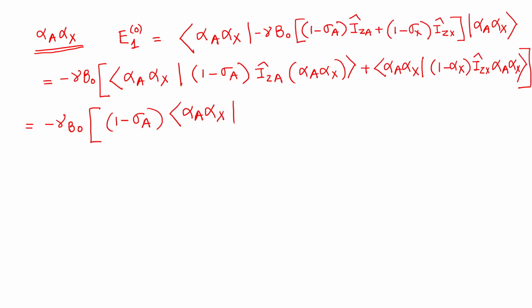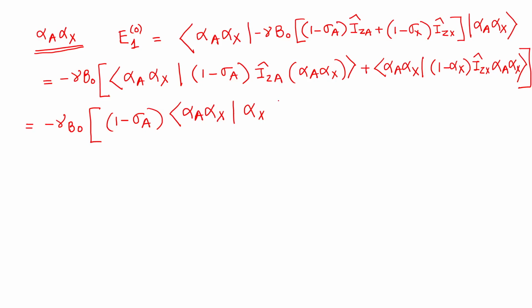Now you tell me, the I_Z A operator is going to operate only on the A atom, not the X. Let me write alpha X here. When it operates on alpha, it generates the Z component. And for alpha, what is the Z component?